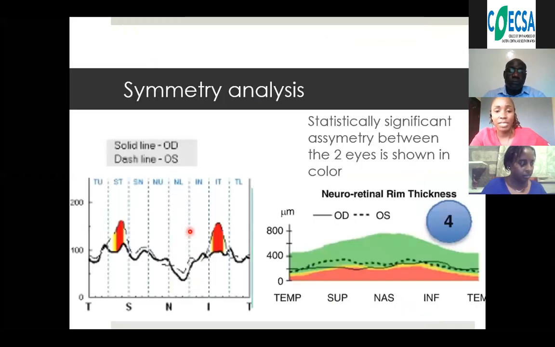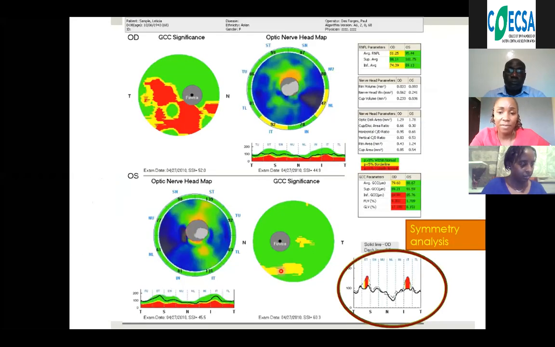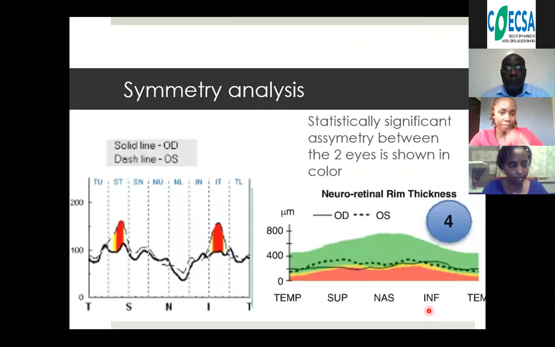So in some OCTs, they also have the analysis where they compare between the right and the left eye. And this is represented as a symmetry analysis graph down here.